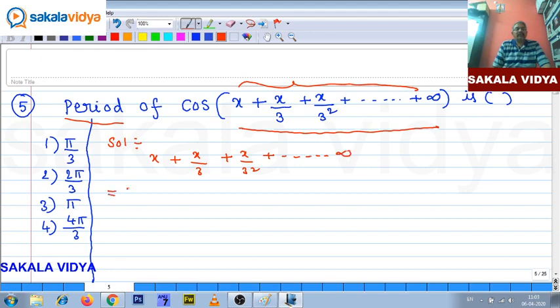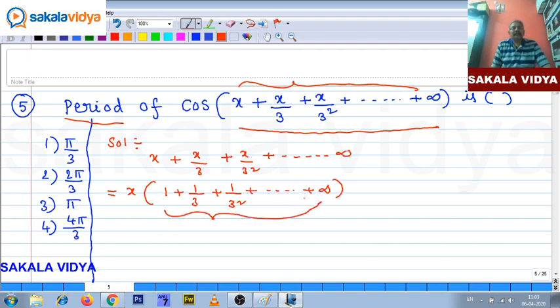Take x common. If you take x common, you get 1 plus 1 by 3 plus 1 by 3 square and so on plus infinity. So this is a geometric infinite series. We have the formula S infinity is equal to a by 1 minus r. Here a equals 1, r is the common ratio, second term by first term, 1 by 3.